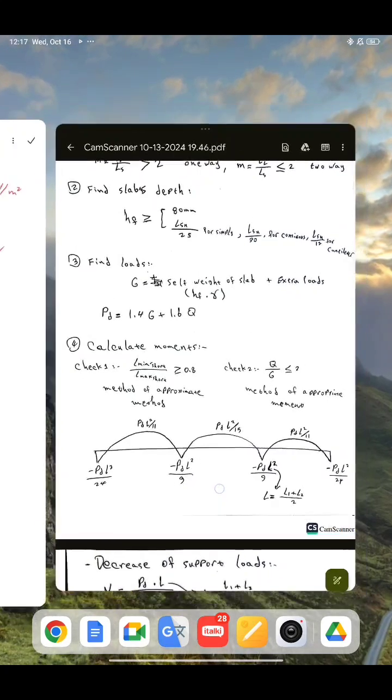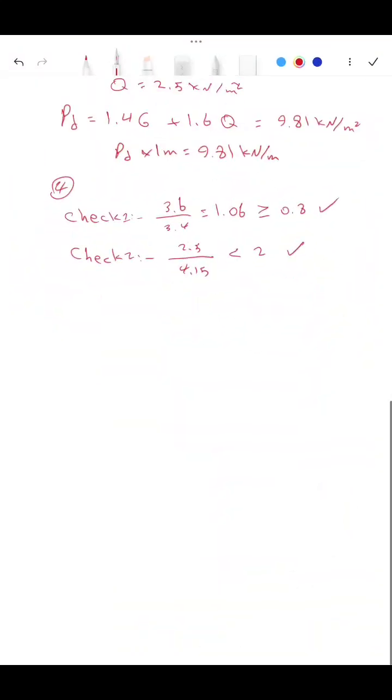Let's solve this point. First of all, let's draw the graph. It is the best way to solve it, to draw the graph to know where you are. You can draw the support down and the span up, but I will draw it the opposite because I prefer that way.